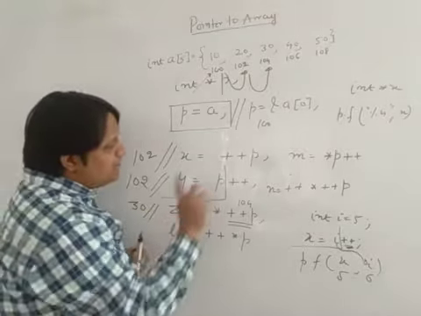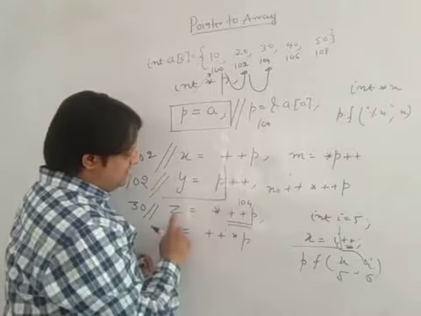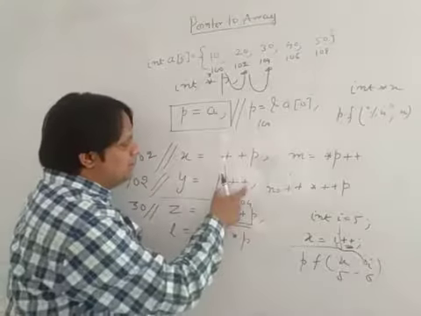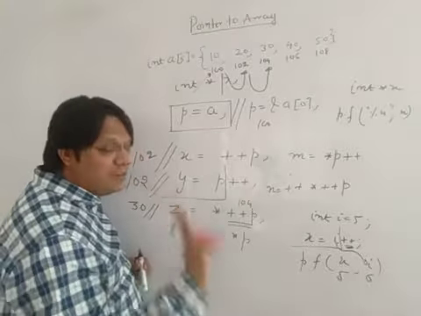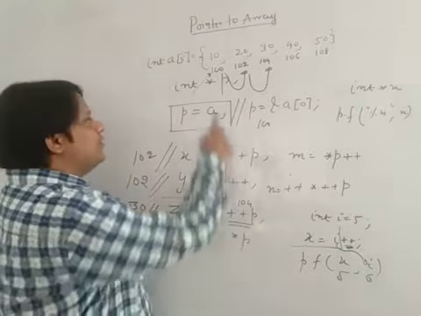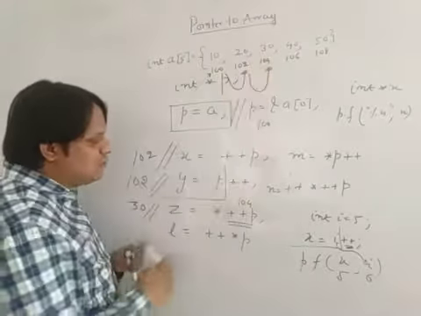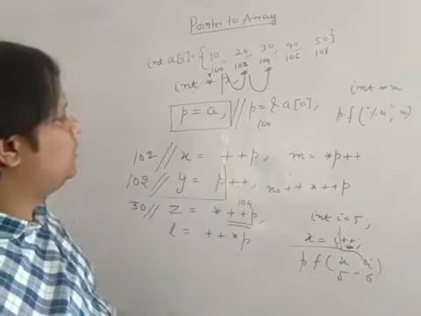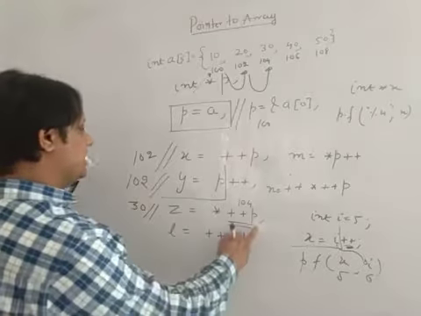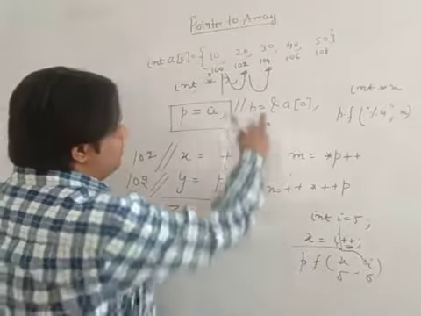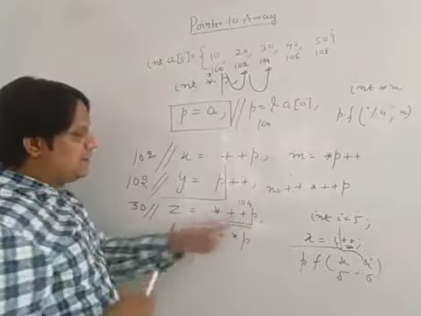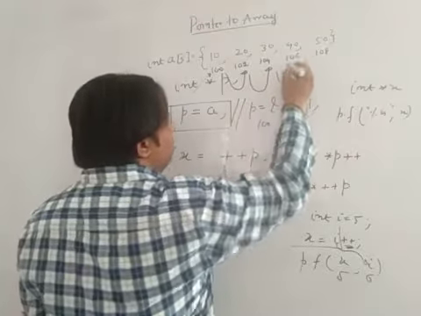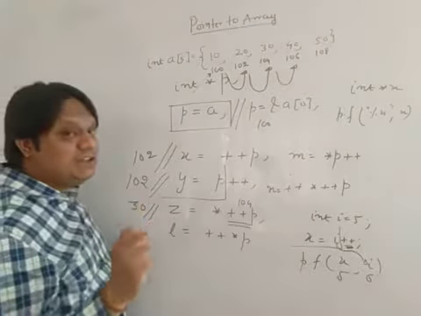I hope it is clear. I'm again repeating. See, पॉइंटर इंक्रीमेंट कितनी बार हो चुका है, z तक आने से पहले? ++p मेरा पॉइंटर इंक्रीमेंट हुआ, p++ मेरा फिर एक बार पॉइंटर इंक्रीमेंट हुआ, तो मेरा पॉइंटर कितनी बार इंक्रीमेंट हो गया, 2 बार. तो जब मैं इस p पे आऊंगा तो मेरा पॉइंटर 104 पे आ चुका होगा. पर उससे पहले p से पहले एक और बार ++p लगा हुआ है, तो मेरा पॉइंटर इंक्रीमेंट होके 106 पे आएगा. मेरा पॉइंटर टोटल 3 बार इंक्रीमेंट हो चुका है.